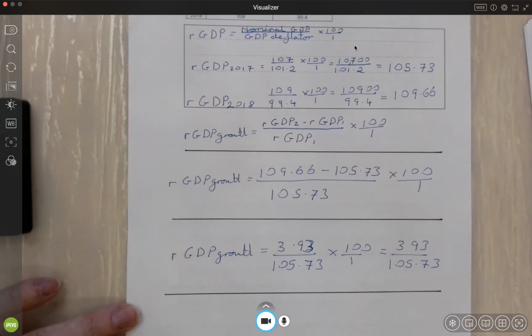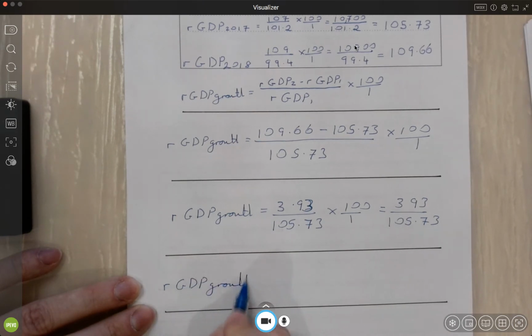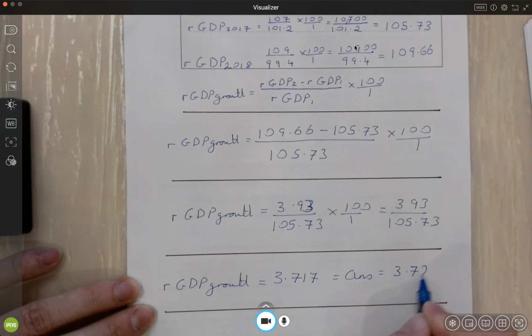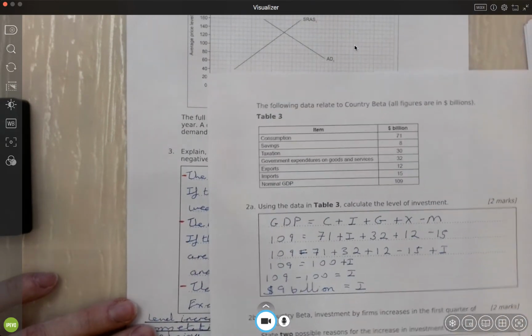And what I have here now is the last bit to this question: real GDP growth equals, and I have this working out as 3.717, which as an answer equals 3.72%, because the third decimal place is 5 or above, so I round this up and that's what I get. Okay, so that's the answer to that question there.